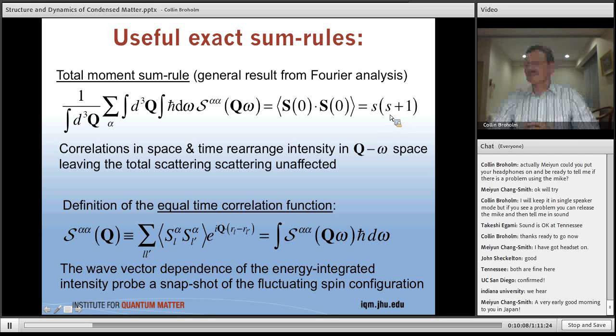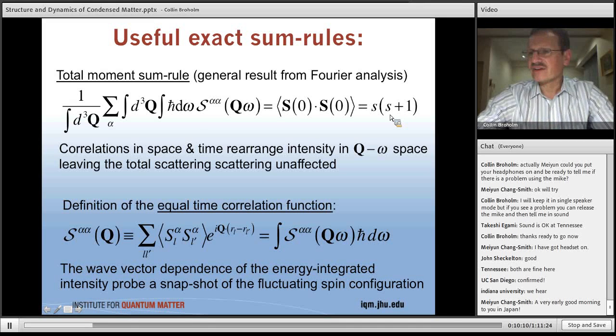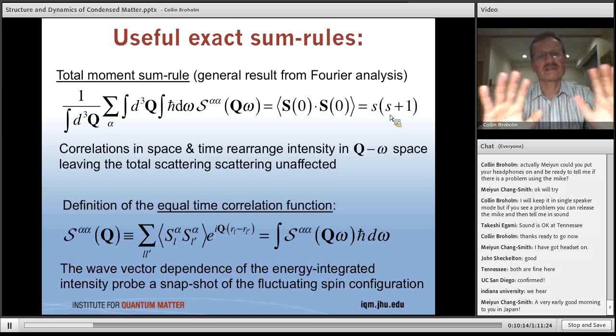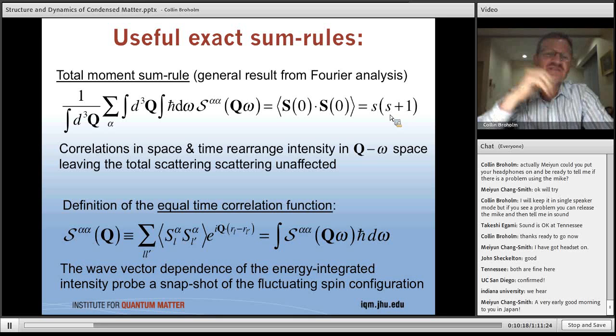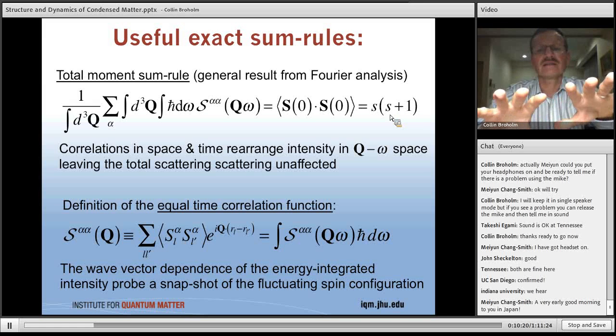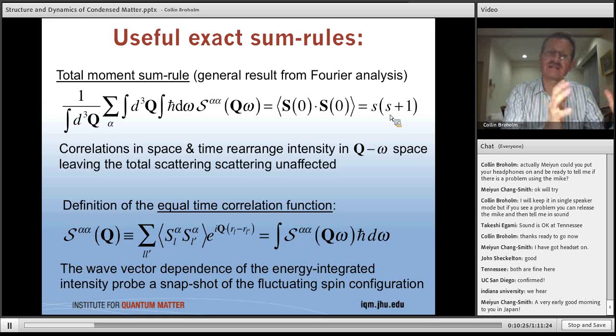Now, you might ask, how often are you going to have enough information to actually carry out this complete integral of momentum and energy? In truth, usually we don't have all of that information available. We will have an integral over some limited part of space, not all of momentum space.